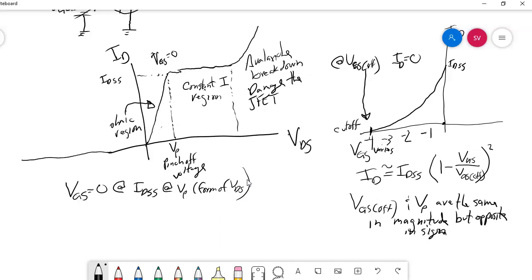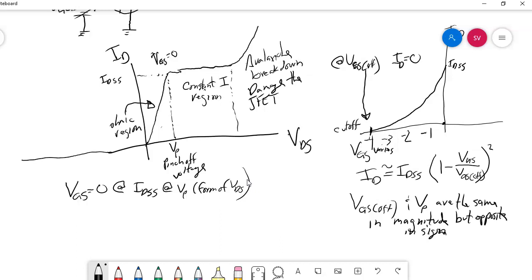Now you can see that this isn't a linear line here. So you can't solve for your drain current like we would for the collector current of a bipolar junction transistor. BJT transistor circuit is linear, and we could solve it using linear equations.